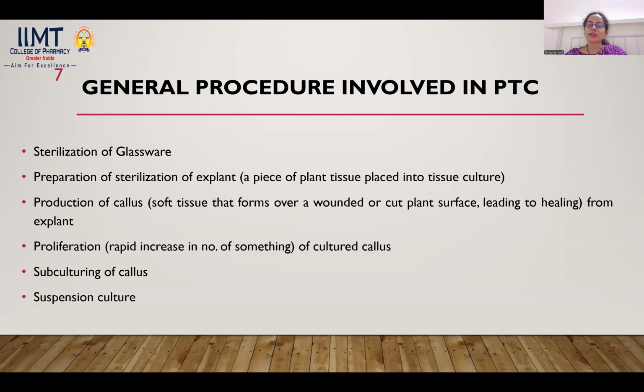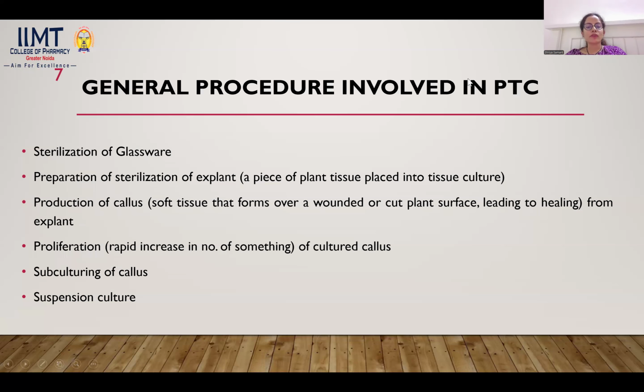Now the flask is transferred to a BOD, a biochemical oxygen demand incubator, for maintenance of culture. BOD is used in measuring the amount of oxygen consumed by microorganisms in water or wastewater samples. Then a sufficient amount of callus is produced within around 8 days of incubation. In this, the temperature is adjusted to about 25 degrees centigrade plus or minus, and some amount of light is necessary for callus production.